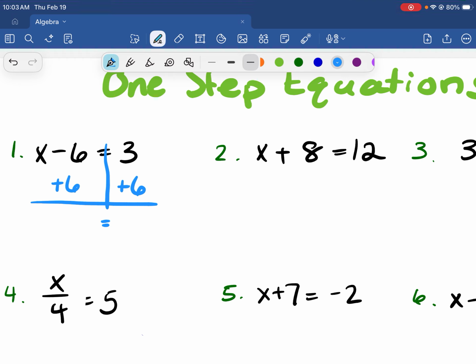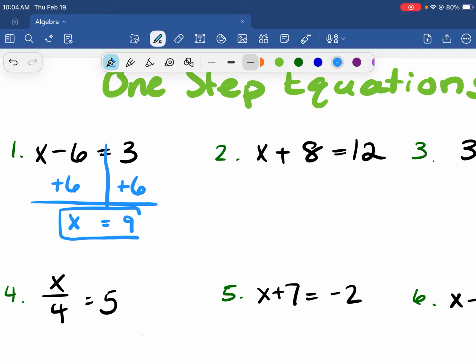So by balancing our equation, we are changing the look of the equation, but we're not actually changing it. So x minus 6, the opposite of that would be adding 6 to both sides of my equal sign. X is left alone. Negative 6 plus 6 zeroes out, and 3 plus 6 is equal to 9.